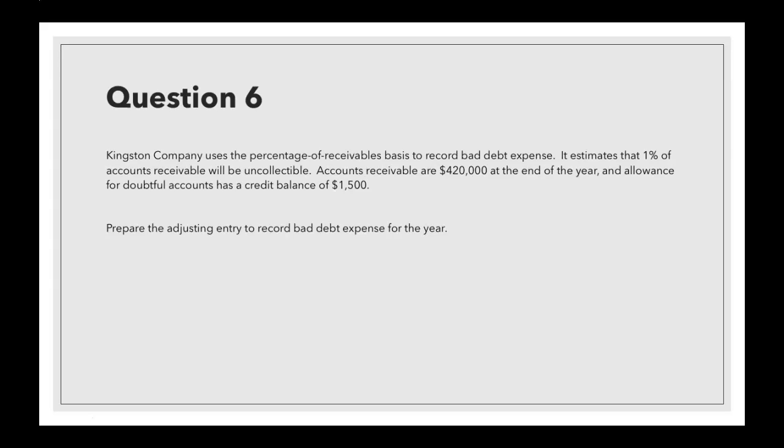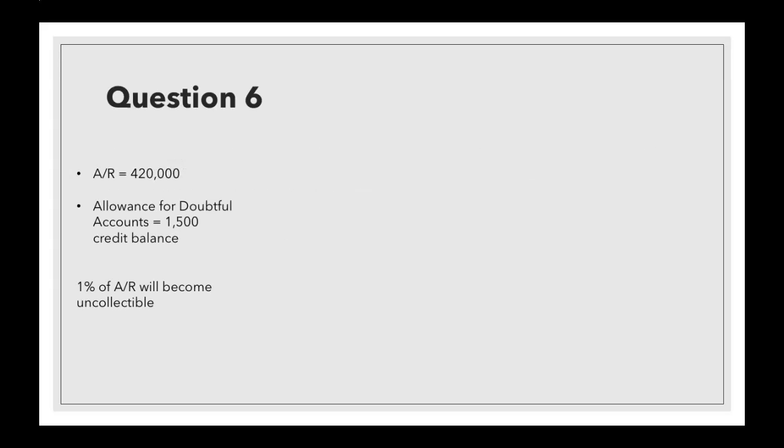So, under the percentage of receivables basis, we do care about that $1,500 credit balance for allowance for doubtful accounts. So we'll see when that comes into play here. But first, we need to figure out 1% of accounts receivable. So we take our accounts receivable amount of $420,000 times 0.01, and we see that 1% of accounts receivable is $4,200.